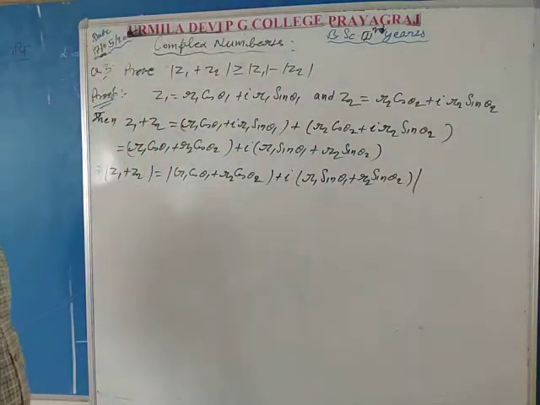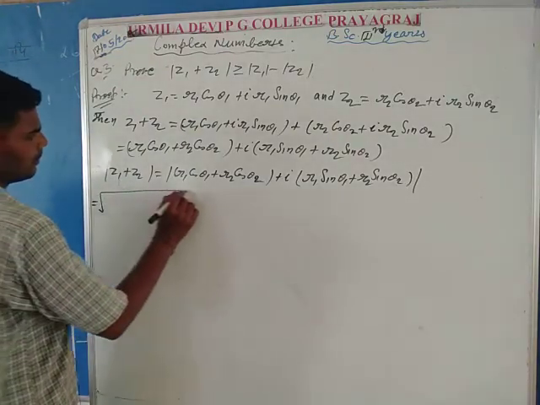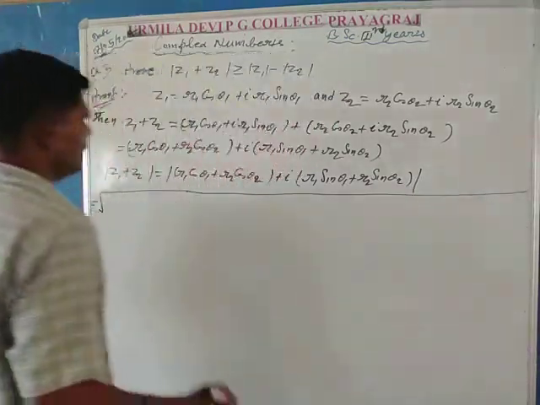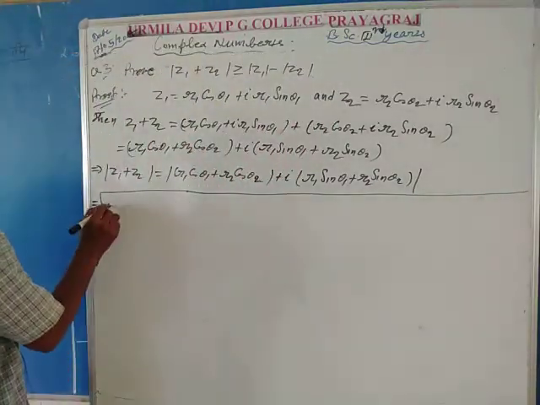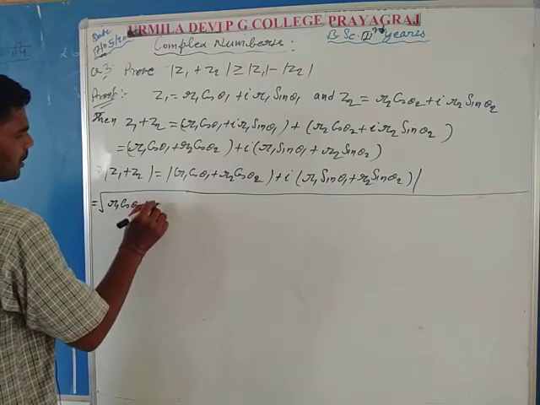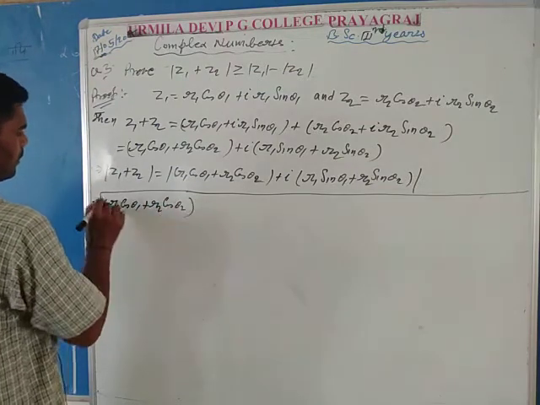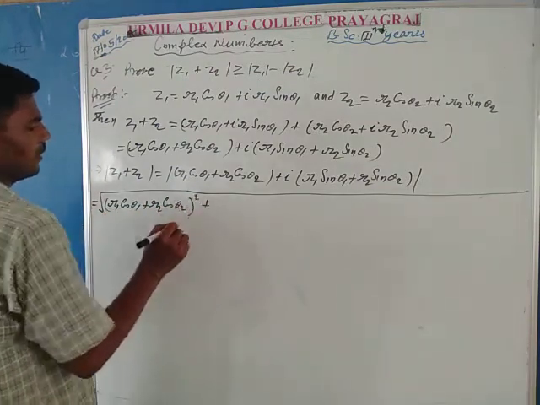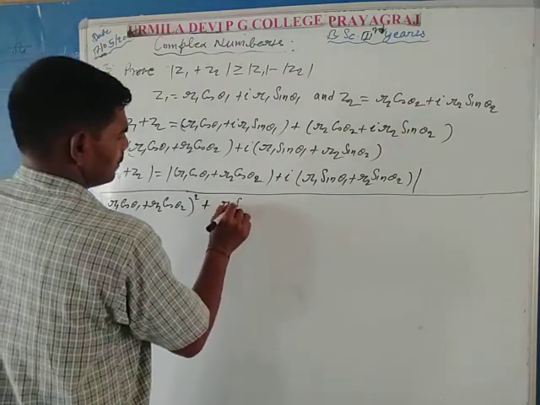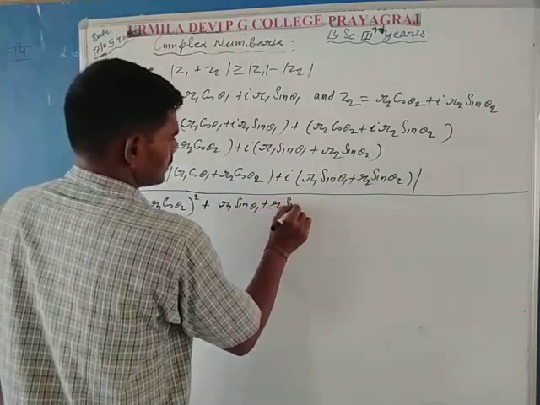By the rule, the modulus of any complex number is equal to the square root of the real part whole square plus the imaginary part whole square: (R1 cos theta 1 plus R2 cos theta 2) whole square plus (R1 sin theta 1 plus R2 sin theta 2) whole square.